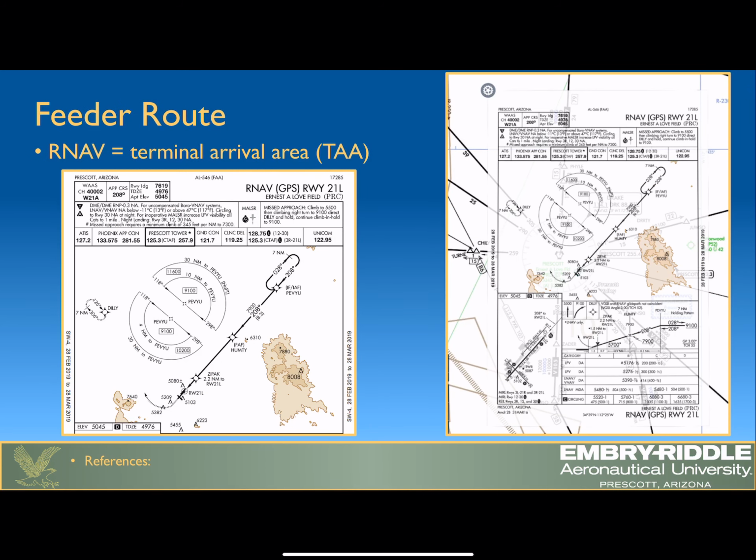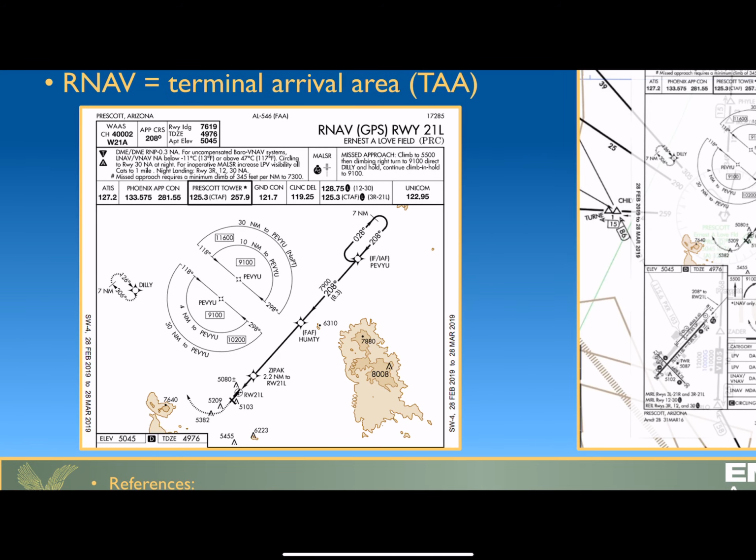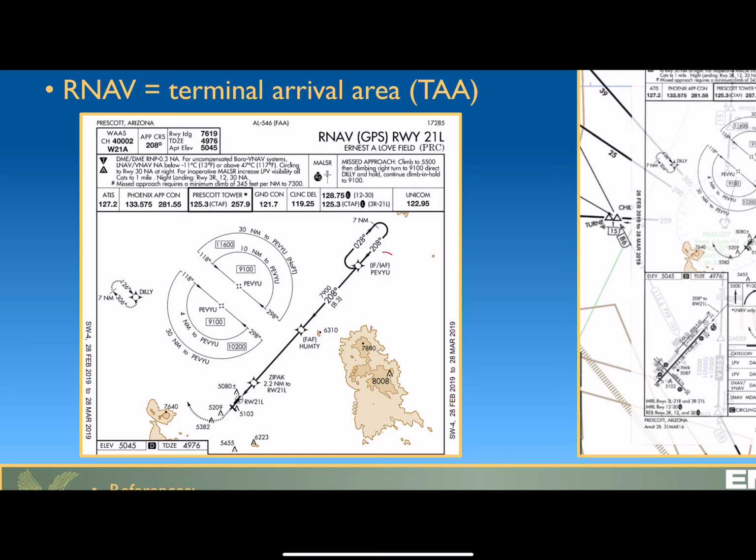Some feeder routes have what we call terminal arrival areas. So looking at the RNAV GPS runway 21 left into Prescott, you can see that PayView is the initial approach fix. And here we have that terminal arrival area.